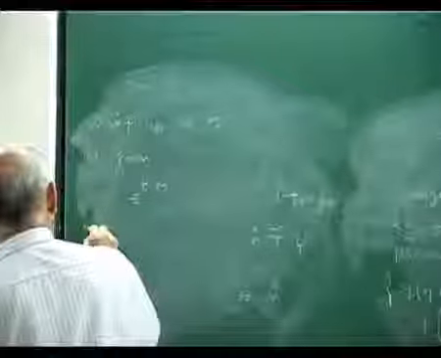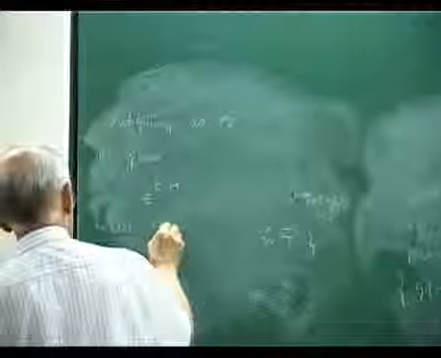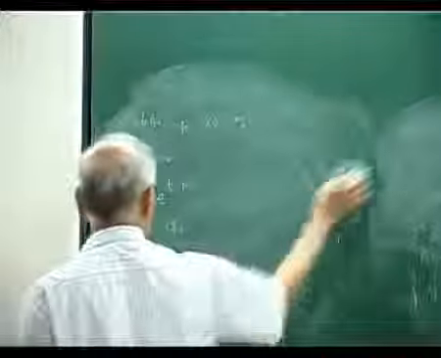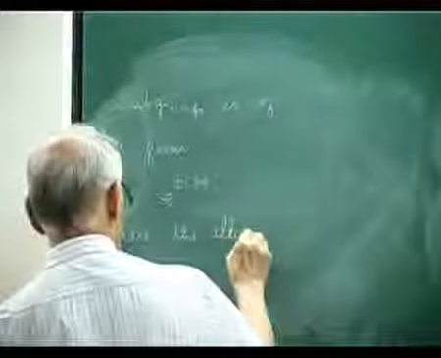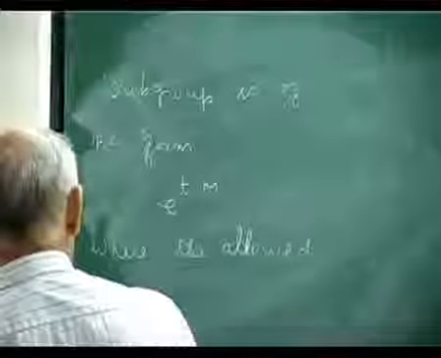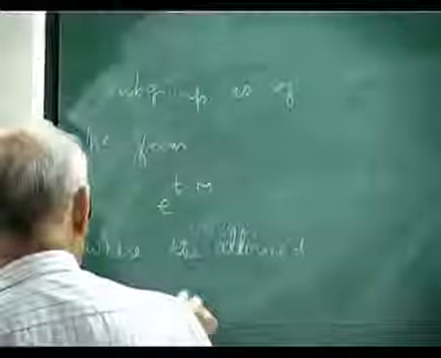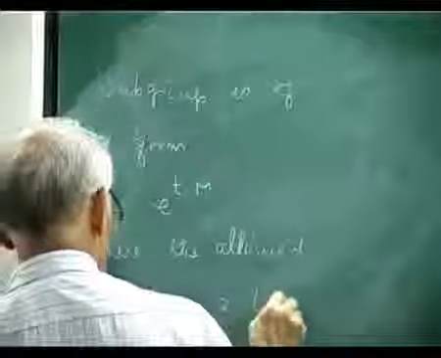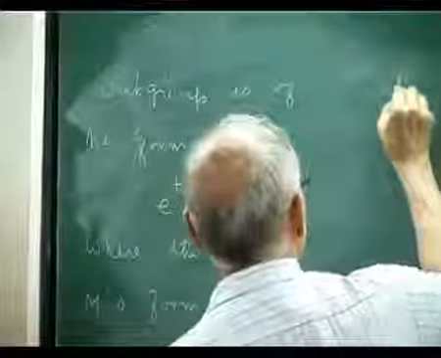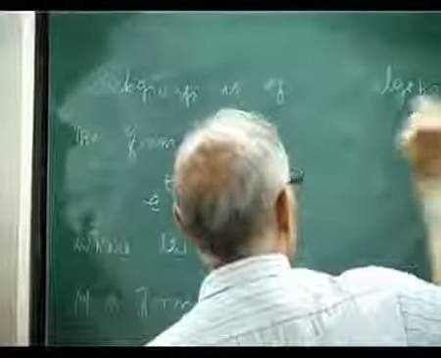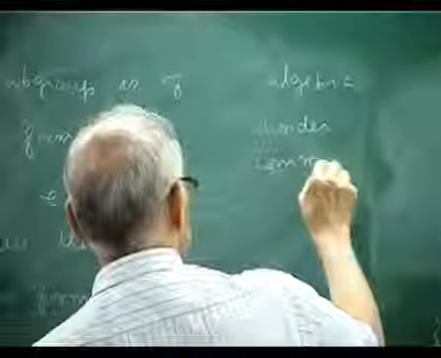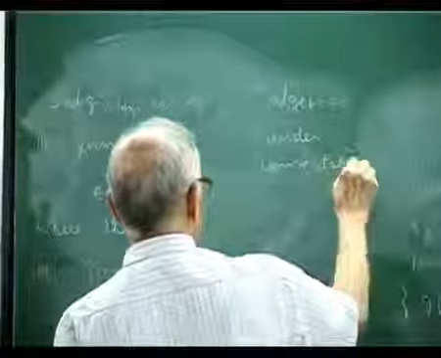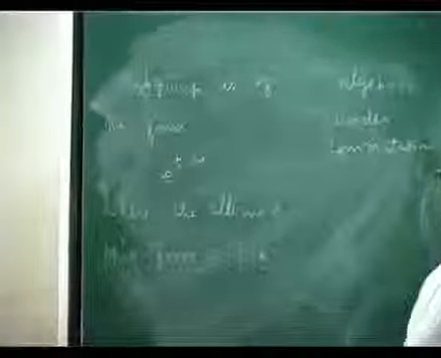Where the allowed M's, this is the most important thing. Okay. Form a Lie algebra, okay, under commutation. Under a matrix commutation. Okay. We will see that it closes. Okay.